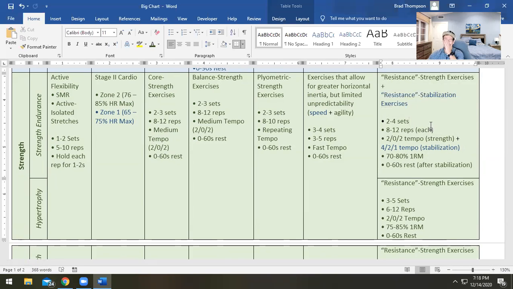I realized there was more to the first definition halfway through that, and I goofed myself up. A superset is 2 exercises back to back with no rest in between. A strength endurance superset is 2 exercises back to back with no rest in between, strength first, stabilization second, for the same body part. There we go.